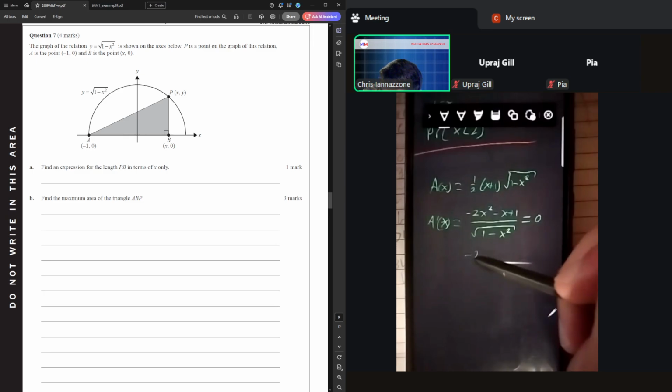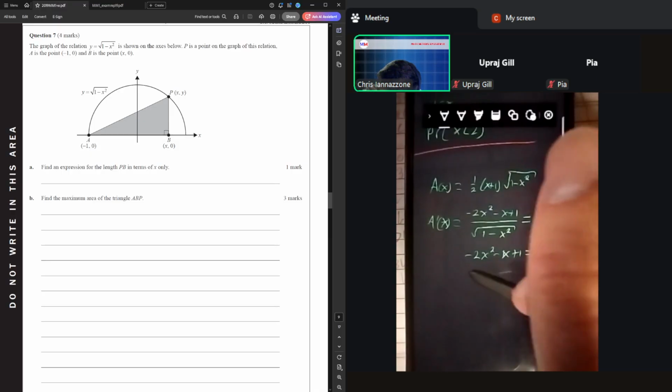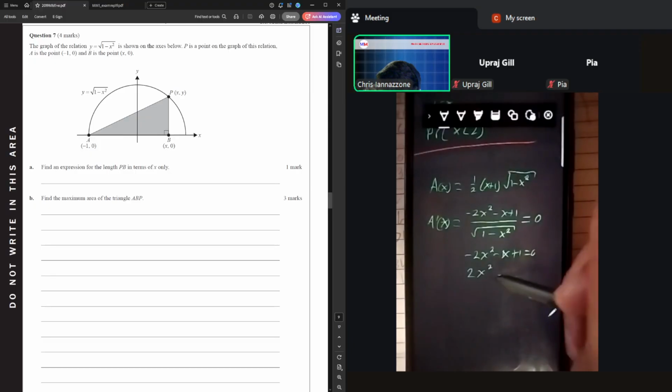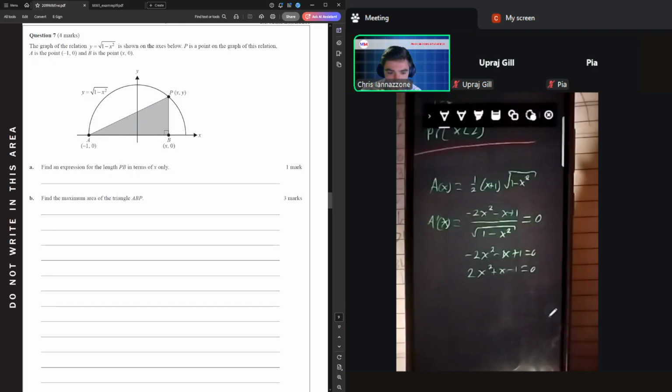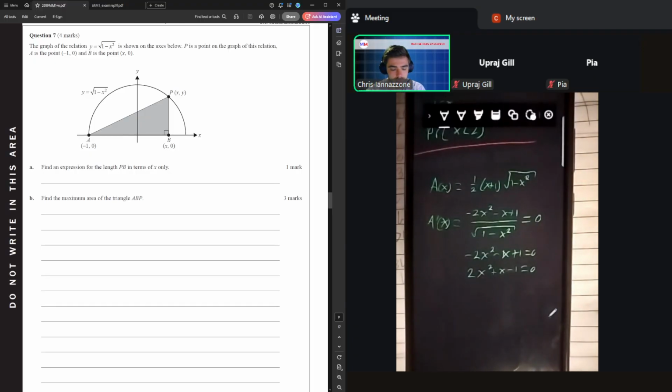So it very quickly simplifies to just negative 2x squared minus x plus 1 equals 0, and I would personally go a step further and flip those to be positive by just multiplying both sides by a negative. That makes it a little bit easier to work with. Whether you do quadratic formula or factorizing, both can work.